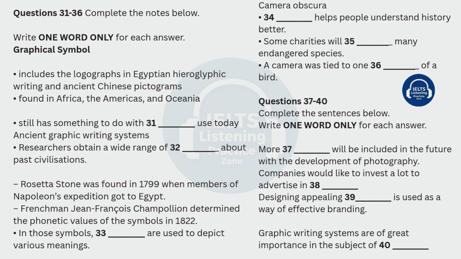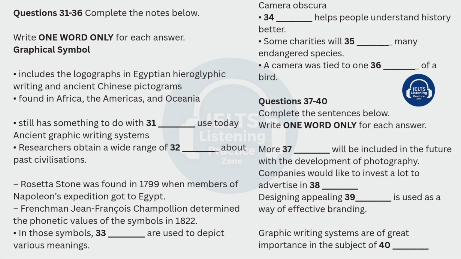Ancient graphic writing systems provide researchers with a wealth of knowledge about past civilizations. In 1799, one of the most important historical discoveries was made by accident when members of Napoleon's expedition to Egypt found a stone in Rosetta that exhibited 3 different scripts.